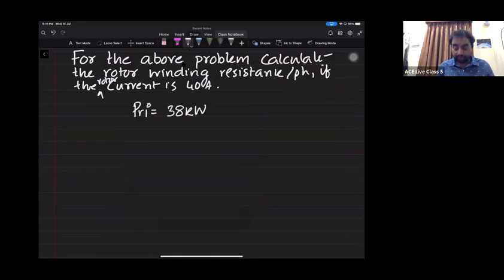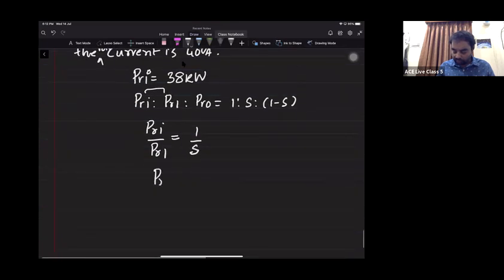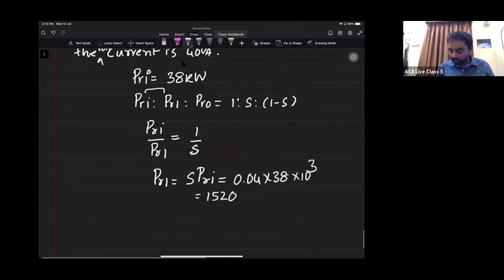We have already seen the relation between rotor input, rotor losses, and rotor output: 1 : S : 1 minus S. So if I relate these two, rotor input by rotor losses is equal to 1 by S. From this, rotor losses is equal to slip times the rotor input, which is 0.04 into 38 into 10 power 3. So if I'm correct, that is 1520 watts.